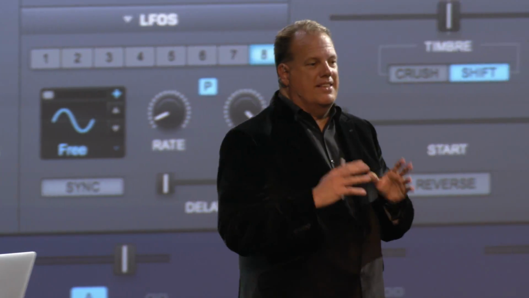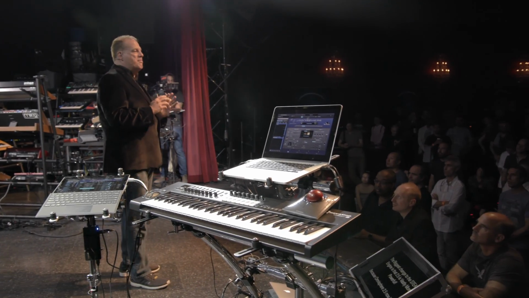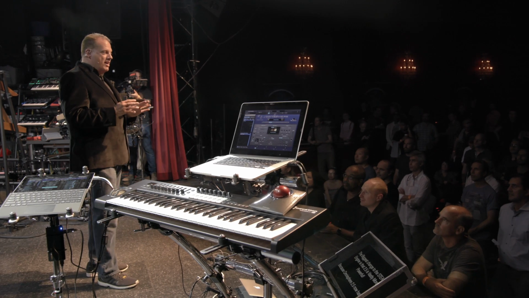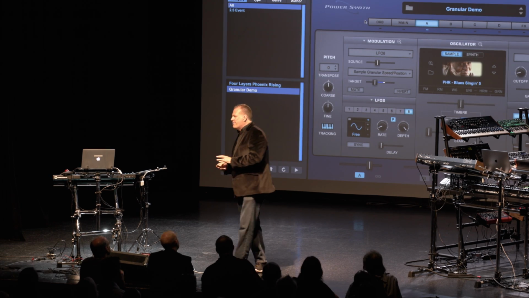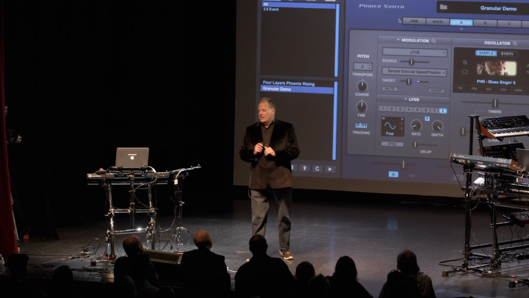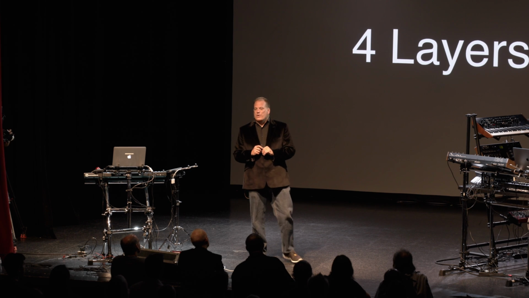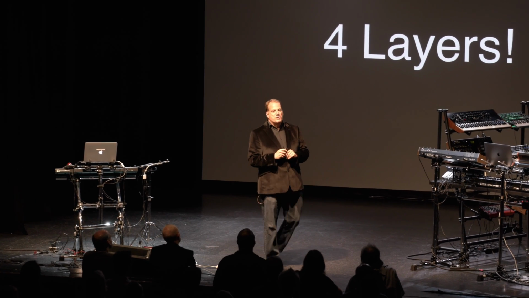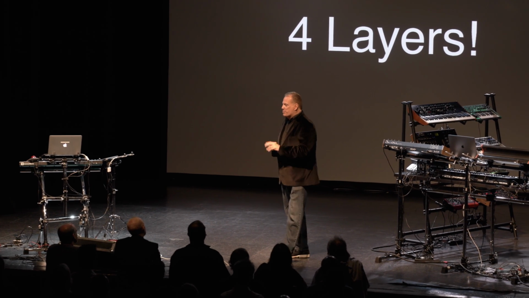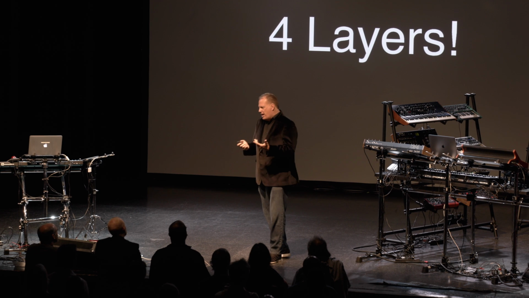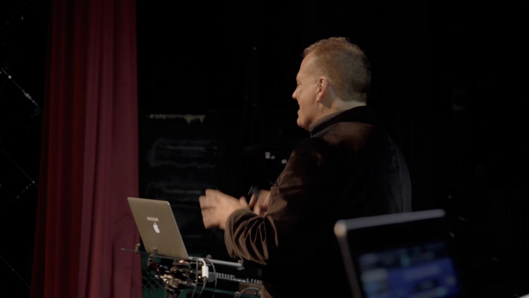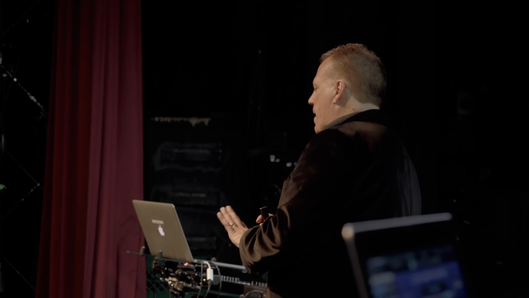One of the biggest things that has changed in 2.5 is that the engine is massively more powerful, because Omnisphere 2.5 now has 4 layers per patch. This is a big deal, because before we had two layers. So it's twice as powerful. That is an insane increase in sound design power.